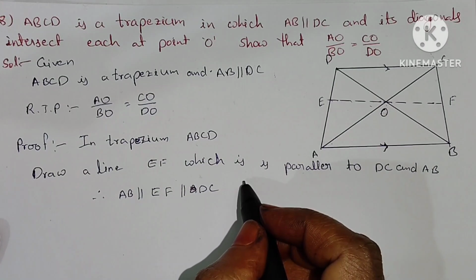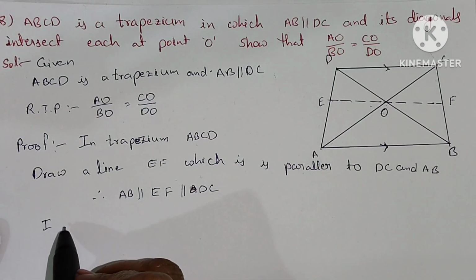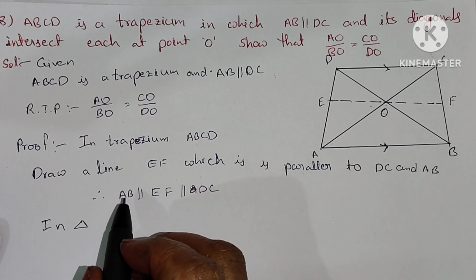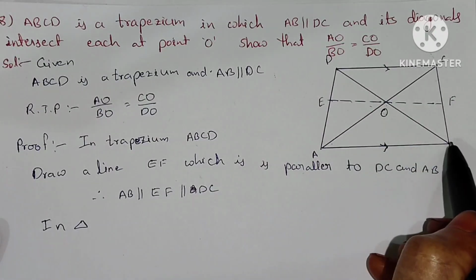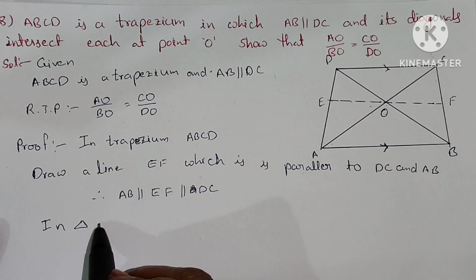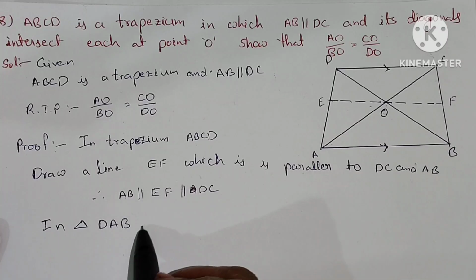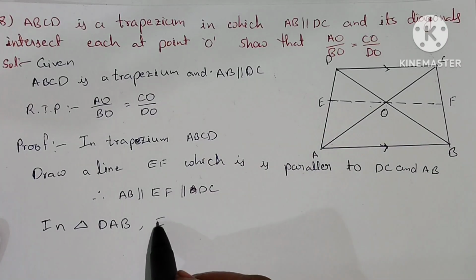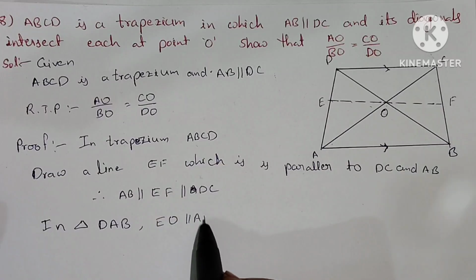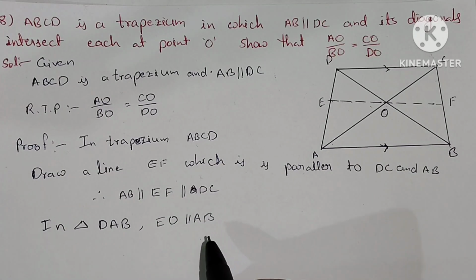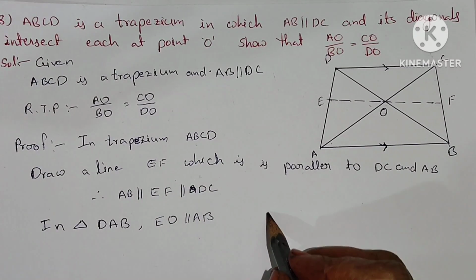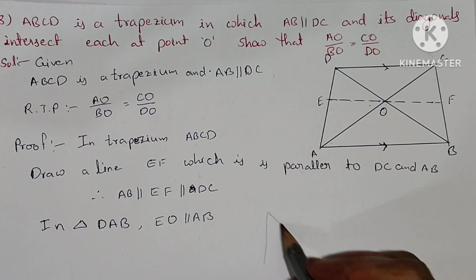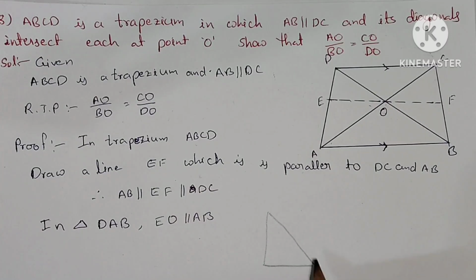Now we take the triangle DAB. In triangle DAB, EO and AB are parallel lines. So here we draw the subdiagram, DEOAB.